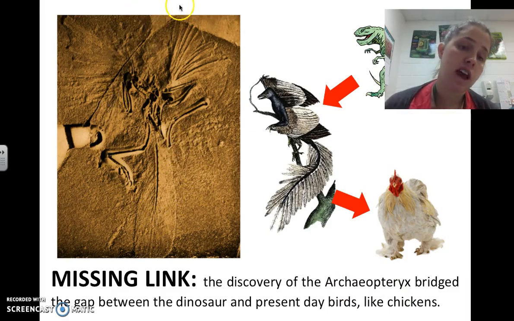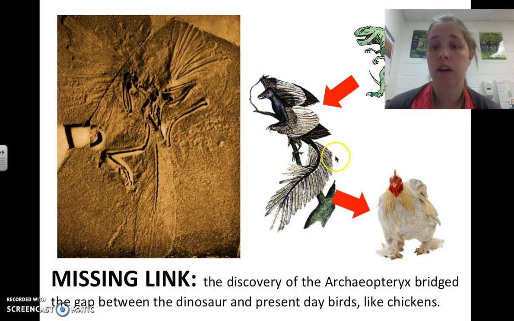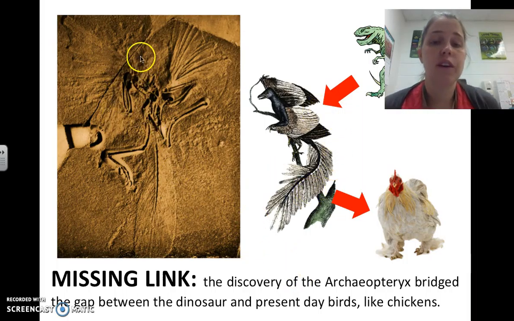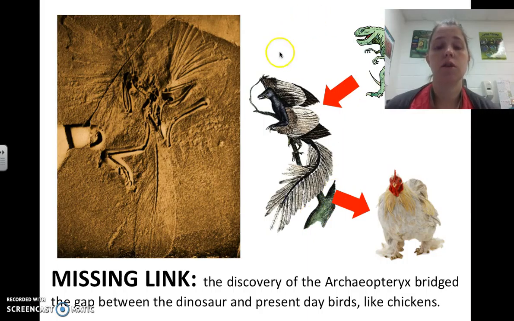And if you notice, here's the actual picture of the fossil. You can see that we were able to see the legs and the arms and the feathers, okay, that were used, and that has very similar bone structure to the dinosaurs. And so we were able to say, oh, so this dinosaur transitioned into this, which eventually transitioned into a chicken, okay, or a bird.